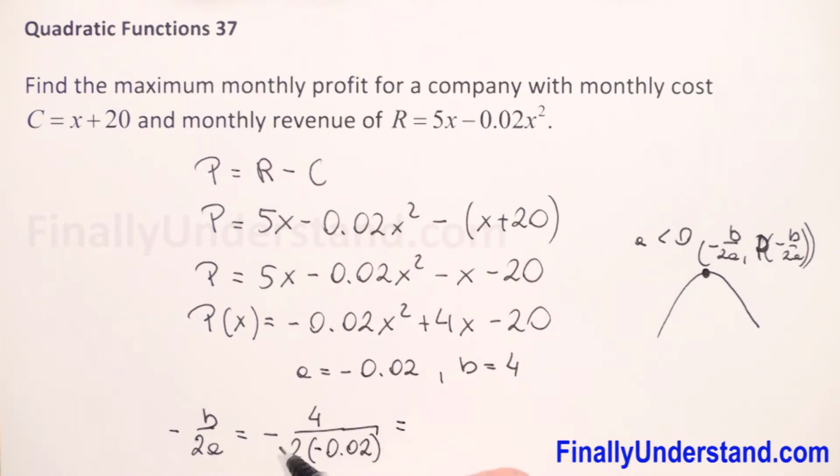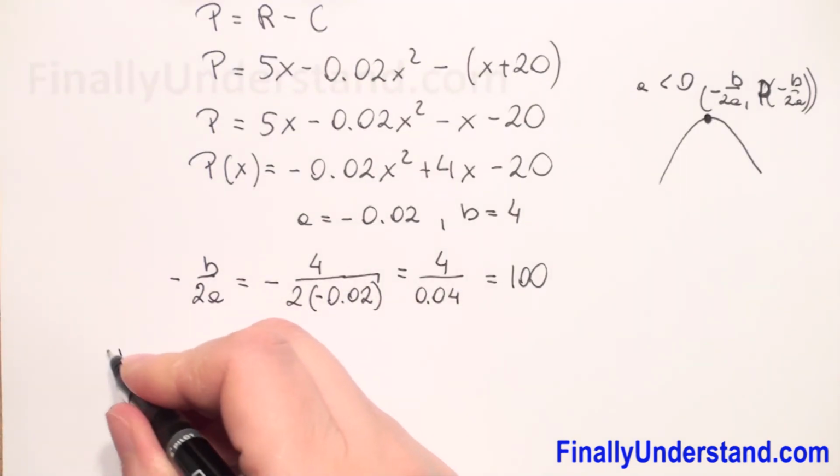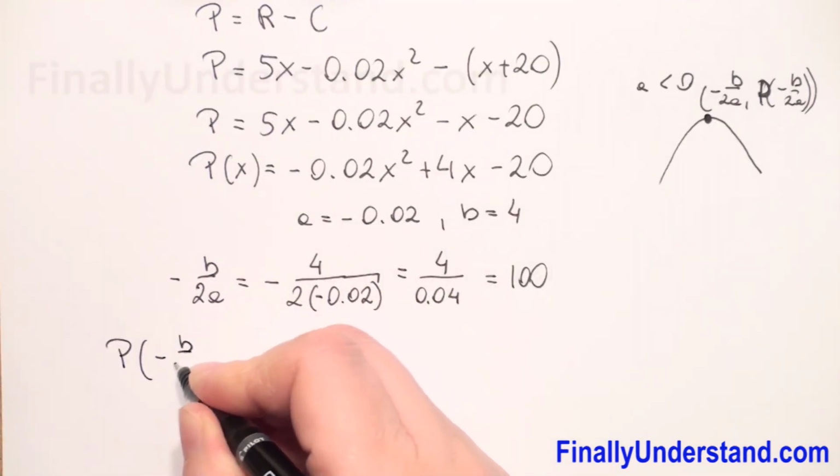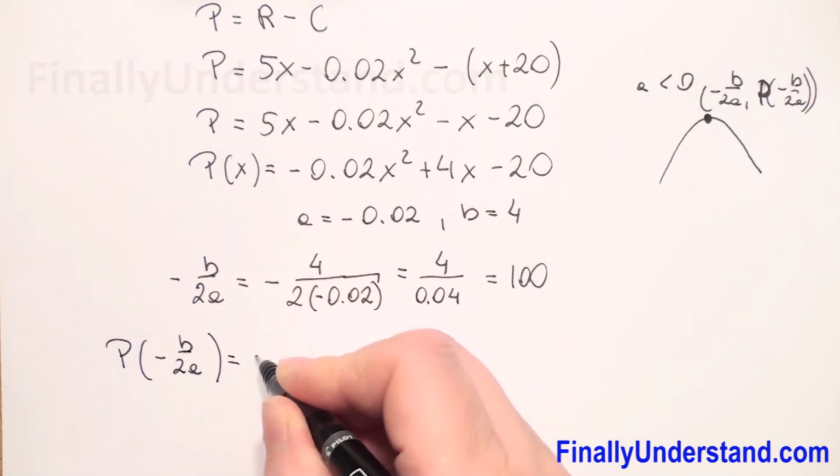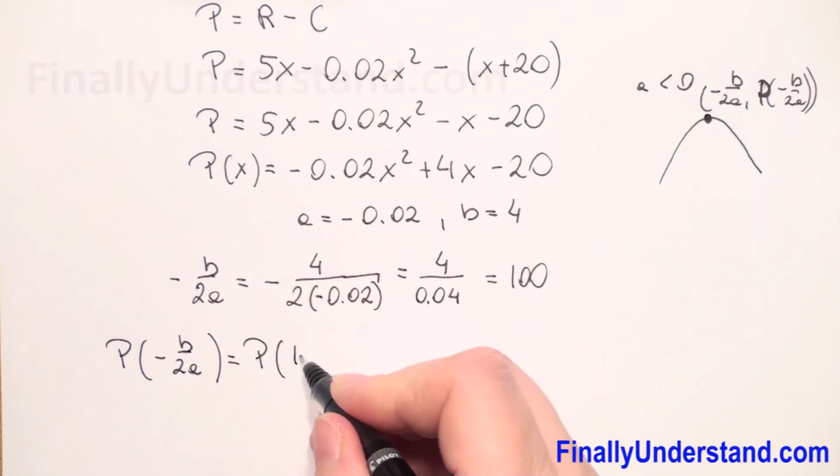So this is equal, negative gives positive, and we have 4 over 0.04. So this is equal 100. So we have the first coordinate of the vertex, the second, P of negative b over 2a, is equal P of 100.